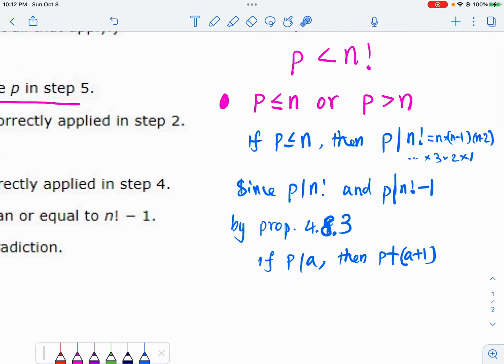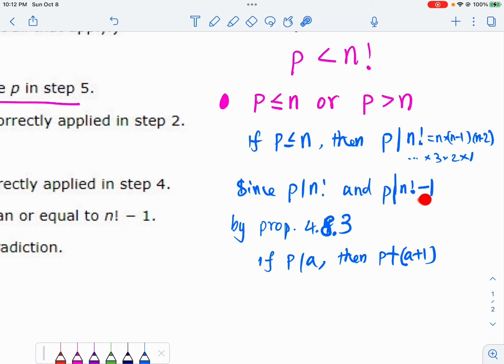Sorry about that. So now compared to this fact, what we just derived contradicts this one, because if p divides this number minus 1, then it should not divide this number. So if p divides a, then p does not divide one more than a, right?